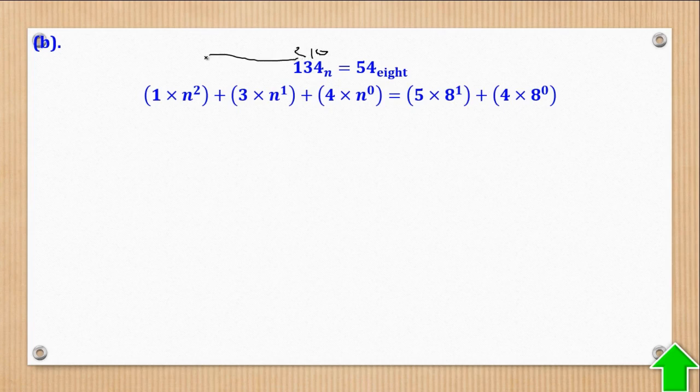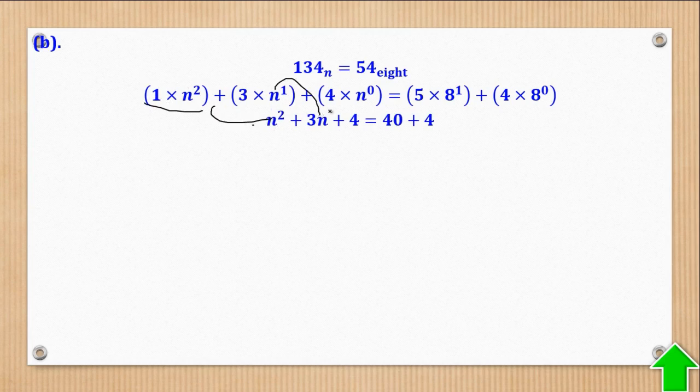That's why you see here 1 times n to power 2, 3 times n to power 1, 4 times n to power 0. Then you have power 0 and power 1. So 5 times 8 to power 1 and 4 times 8 to power 0. So in the end, we shall come up with that. So this is n squared, 3n, and 4 because the number to power 0 is 1. Then this is 40 and this is 4.